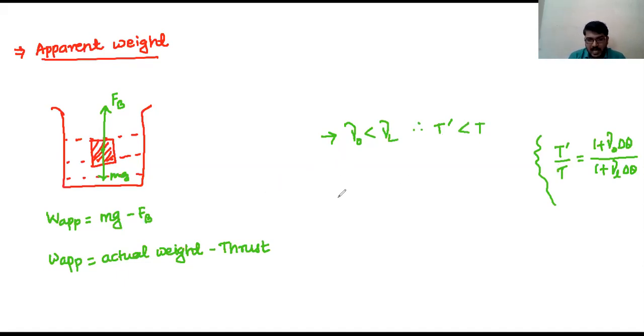So therefore, what happens here? Conclusion is what? See here. What is conclusion?